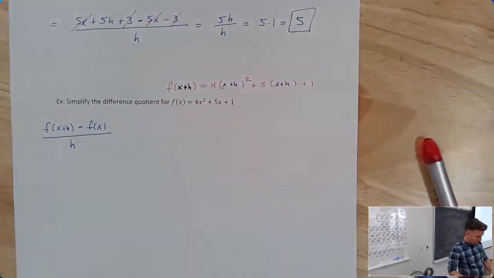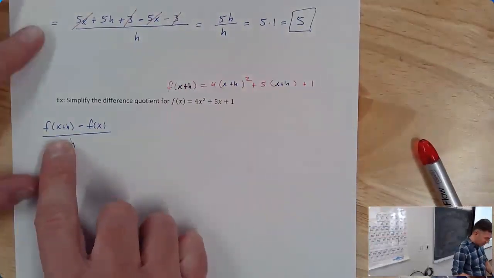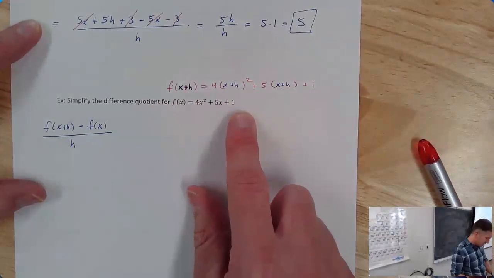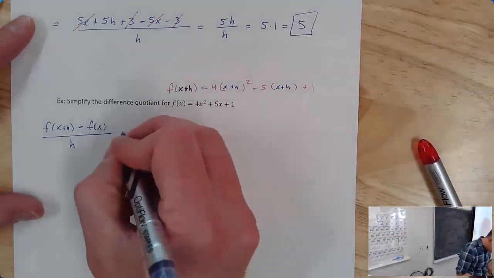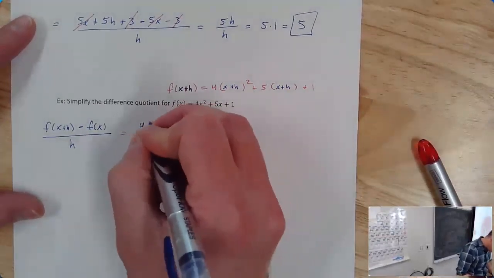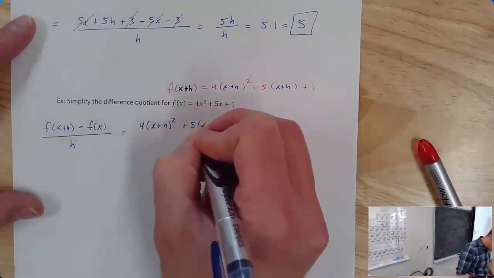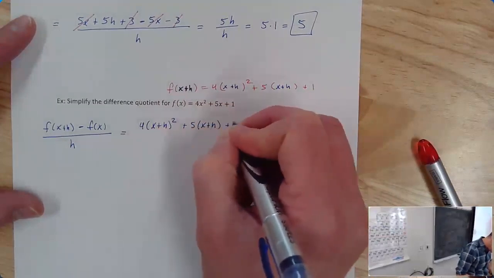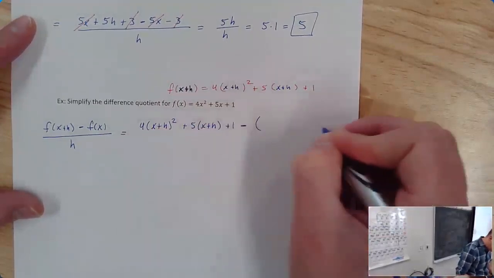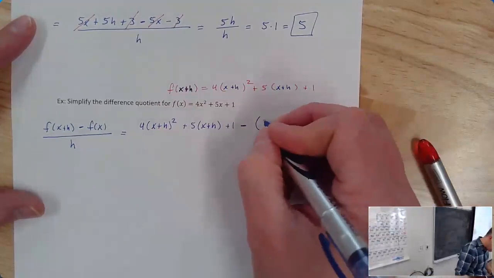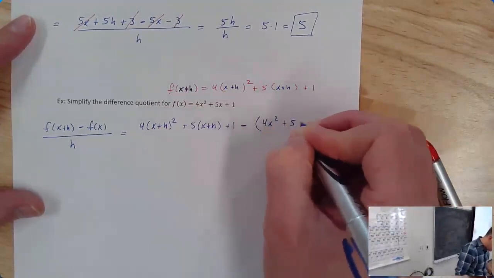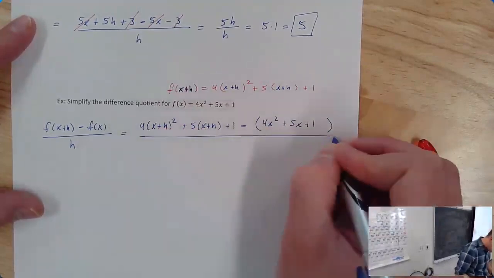So that's all of what's going to go in for f of x plus h, minus all of that for f of x, all divided by h. So it's a little much. So 4 times (x plus h) squared plus 5 times (x plus h) plus 1 minus parentheses, because I have to subtract all of it, 4x squared plus 5x plus 1, all divided by h.